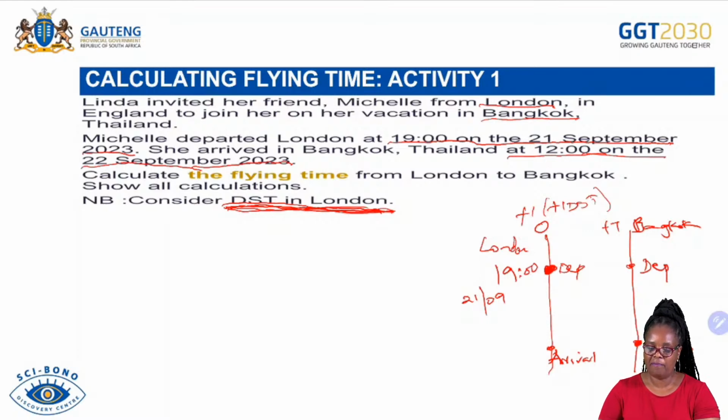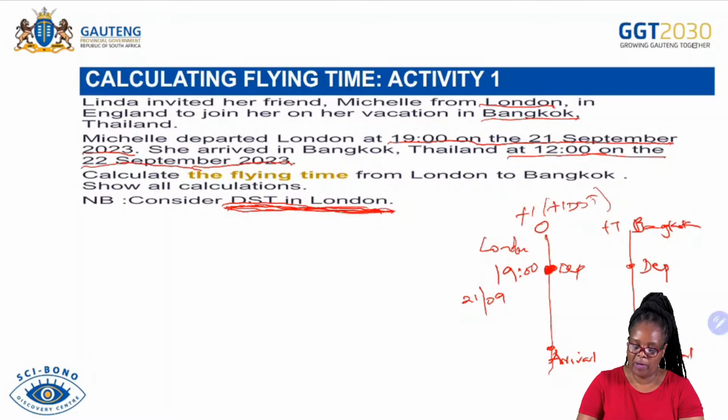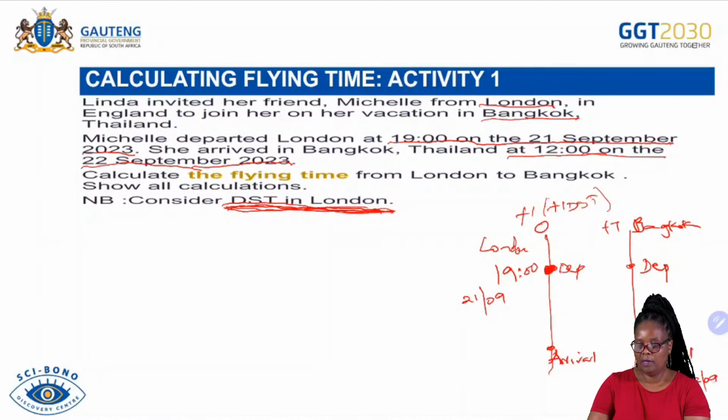She arrived in Bangkok, Thailand at 12 on the 22 September. So here it is for Bangkok. We don't write it at the departure, but we write it here at arrival. They say that she arrived at 1200 on 22 September. This is what we have been given from the scenario.